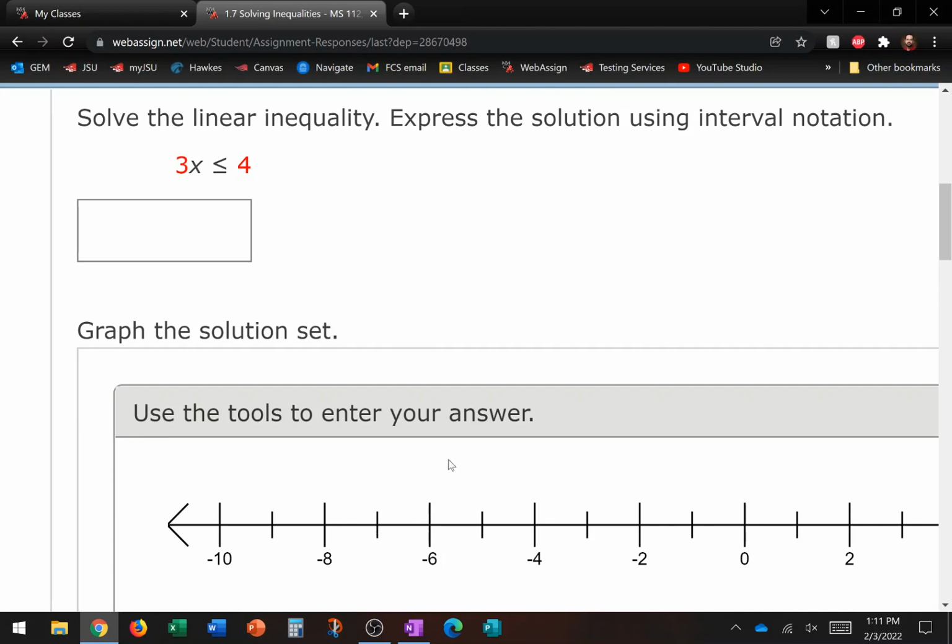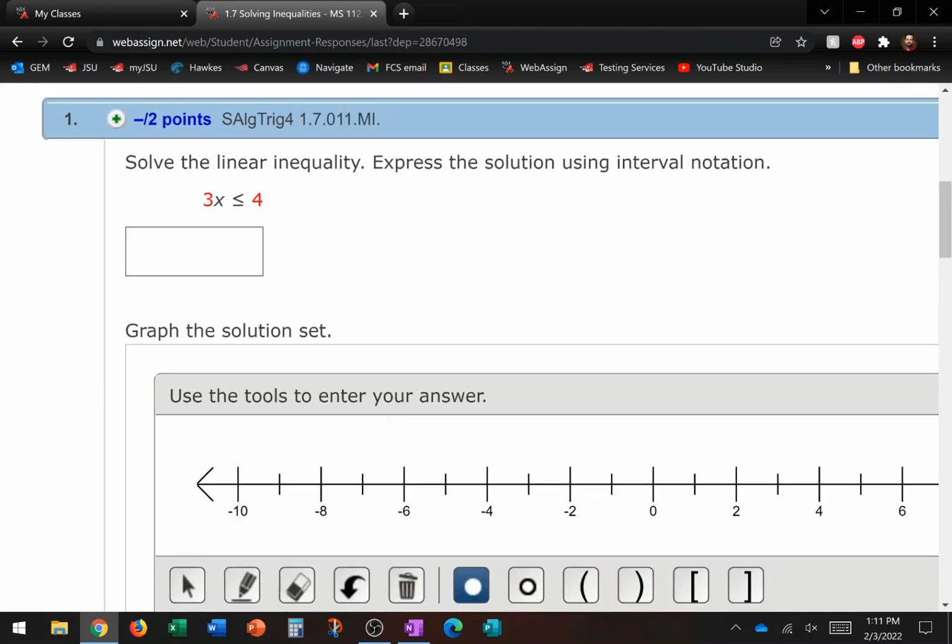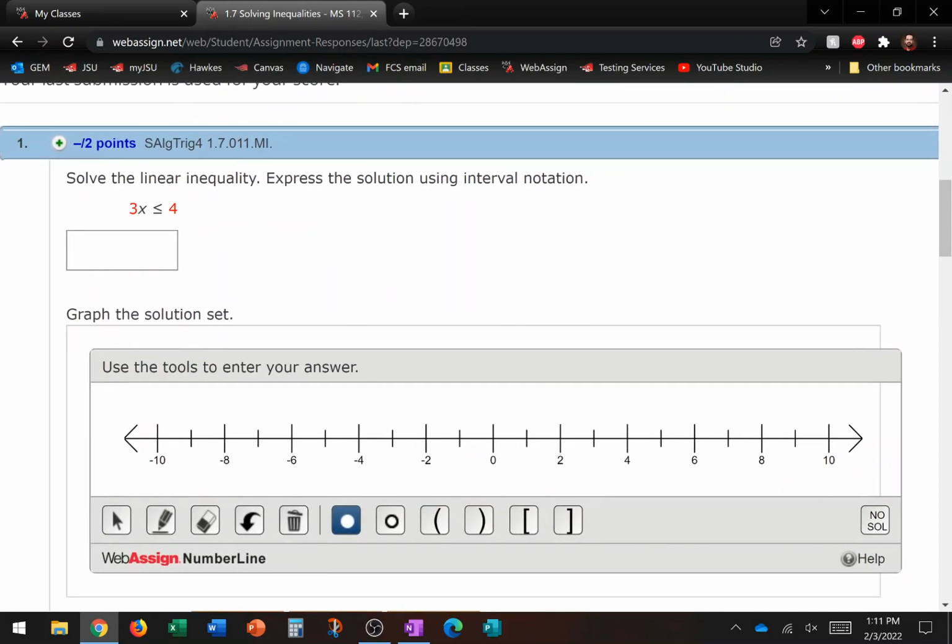The same thing we've been doing. Again, you can do the number line part first if you want to. You don't have to stick with the order that WebAssign gives you the answer boxes.